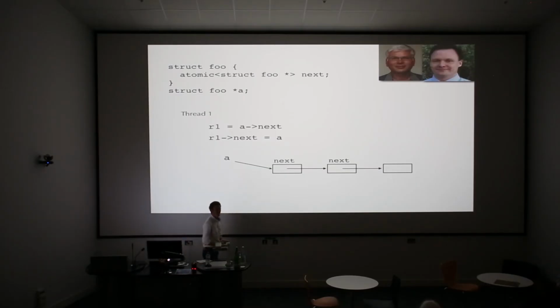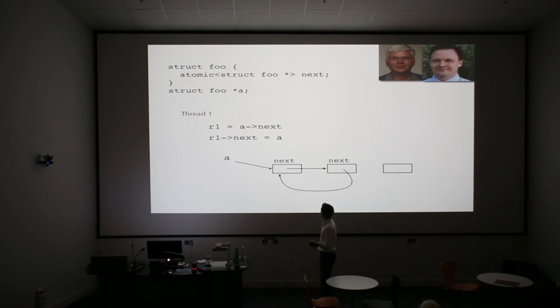So, let's use low-level atomics to implement low-level data structures, like a linked list. Okay? This is a very simple linked list. And so here, imagine that your heap looks like this, and then you do this. R1 is reading next, so R1 is this one. And you say R1 next is equal to A, so what you do is actually this.